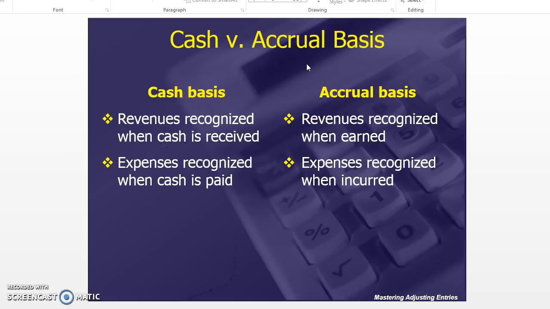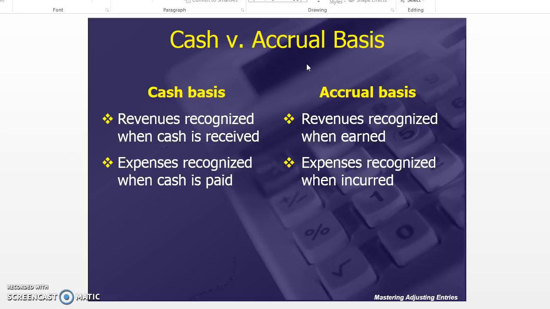We are concerned with at what point we earned the revenue. At what point did we deliver the goods and services and we can expect payment in return from a customer? It is at that point that we are going to recognize our revenue. Likewise with expenses, we're going to recognize them when they are incurred, not necessarily when we paid for them, but when they happened or when the time has passed and the expense has been incurred.